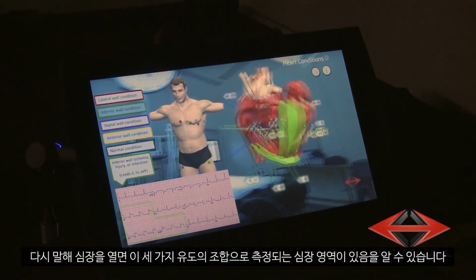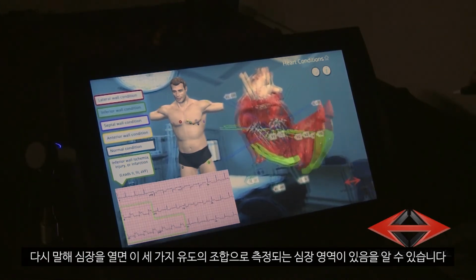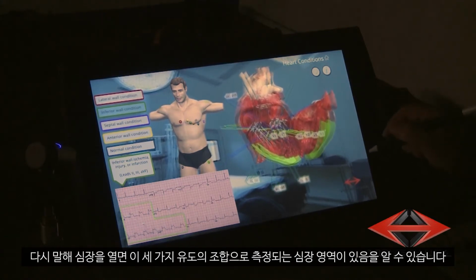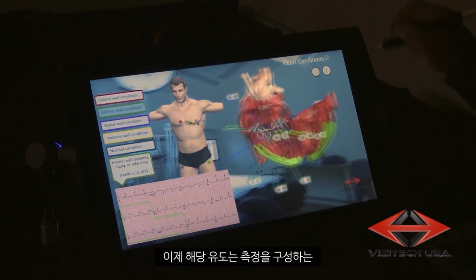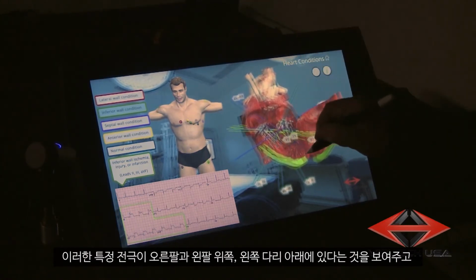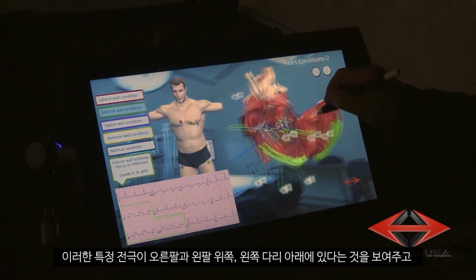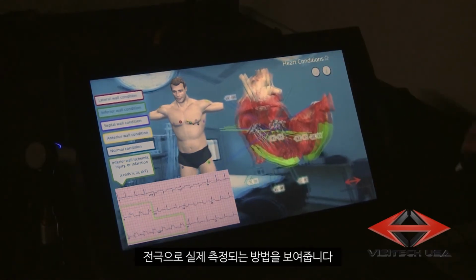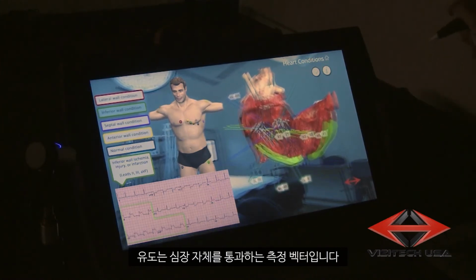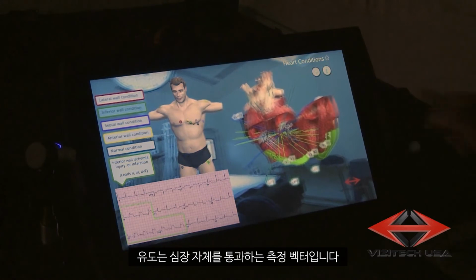Again, if we open up the heart, we can see that there's a region of the heart that's being measured explicitly by the combination of those 3 leads. Now those leads show you that the specific electrodes that comprise that measurement are on the upper right arm, the upper left arm, the lower left leg, and that's showing you how these are actually being measured by electrode. But again, the lead is the measurement vector that goes through the heart itself.